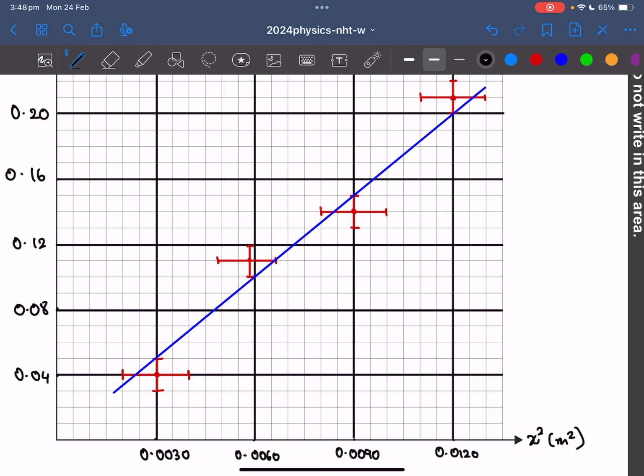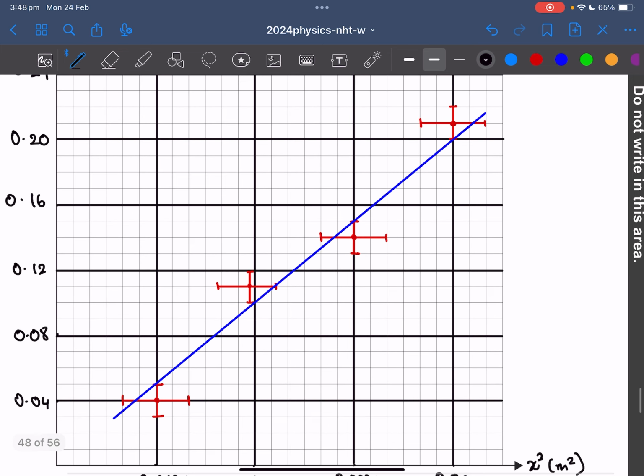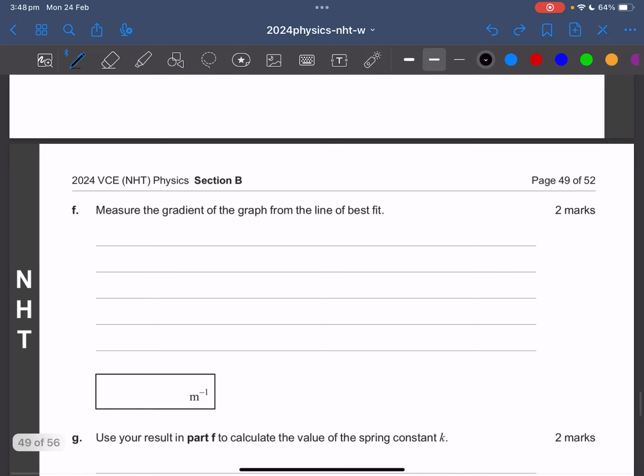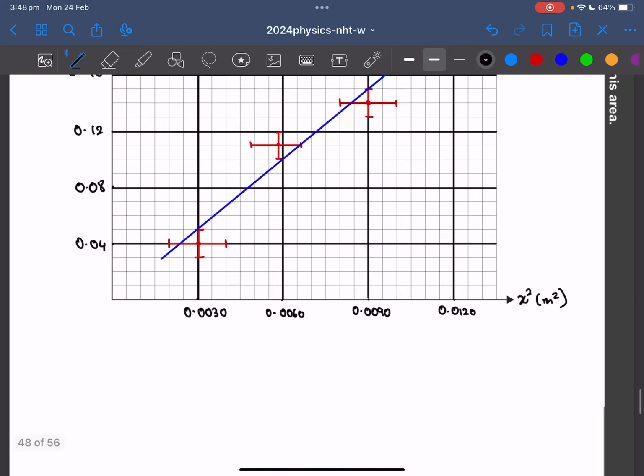Oh, actually, we have 2 coordinates quite vividly. We can take this one and this one over here because they are basically on the line, right? So we will take 0.0090 and what is it? 0.15.